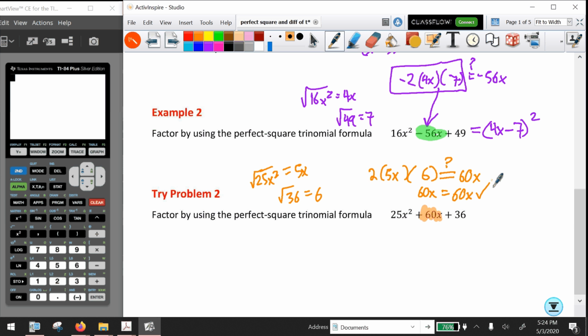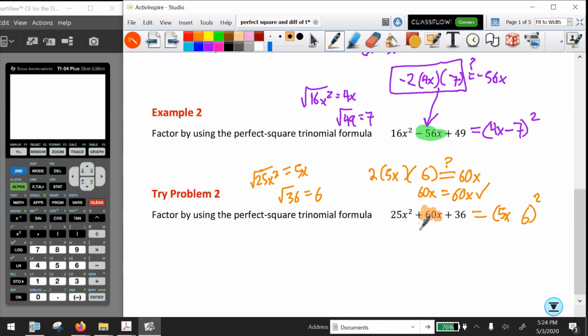This is a perfect square trinomial. Because it's a perfect square trinomial, we can use the perfect square trinomial formula, which says that you can factor it as a binomial squared. You take the square root of the first term and put that in the beginning. Square root of 25x squared is 5x. The square root of the third term, put that as the second part of the binomial. The square root of 36 is 6.